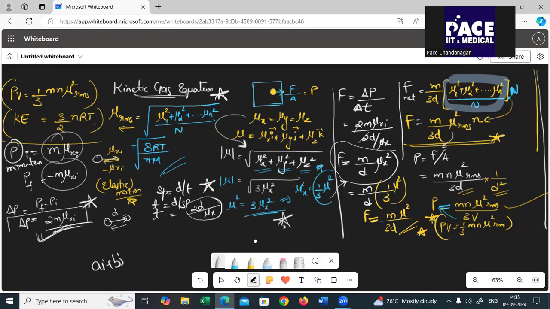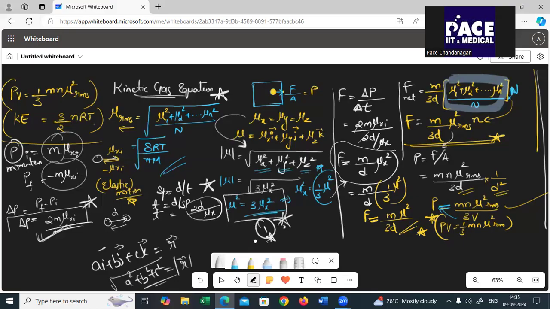If it is your vector r, then what is the modulus of r? It is under root a square plus b square plus c square. And that is how you get this as under root ux square plus uy square plus uz square. And since ux is equal to uy is equal to uz, because they almost possess the same velocities, therefore u square is equal to 3 times ux square. This is your equation 1.